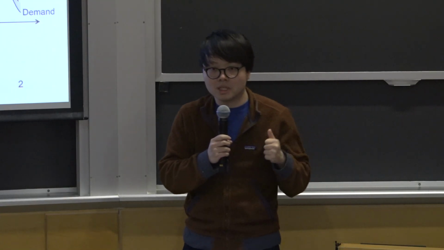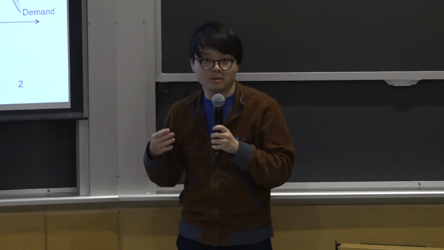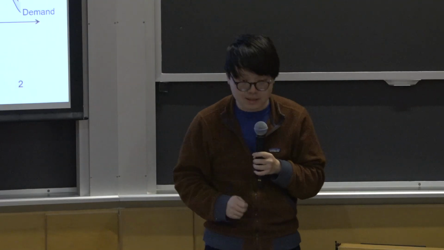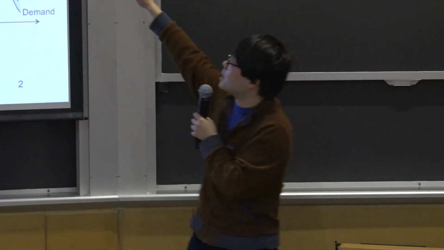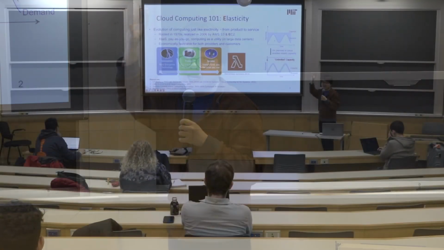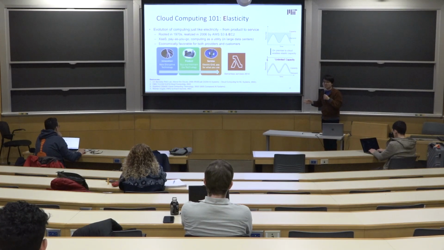But what really makes cloud computing so attractive to everyone is the idea of capacity and elasticity. If we take a look at the figure on the right, that's how people traditionally manage IT equipment and infrastructure. If you own a company, you need some computing resources.